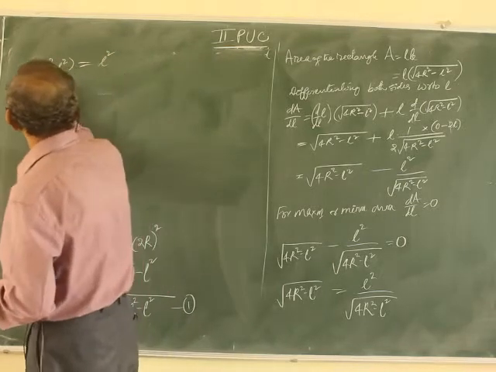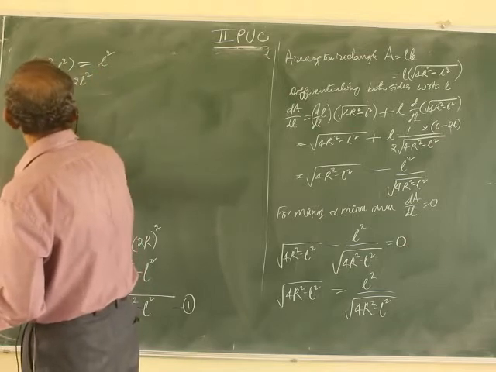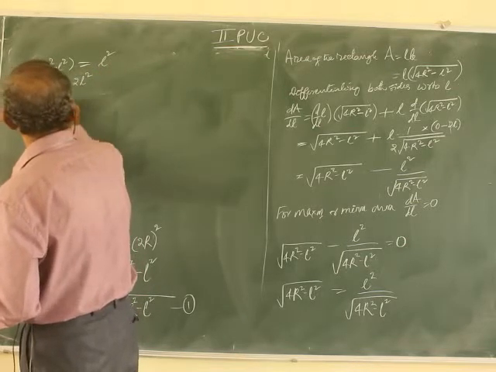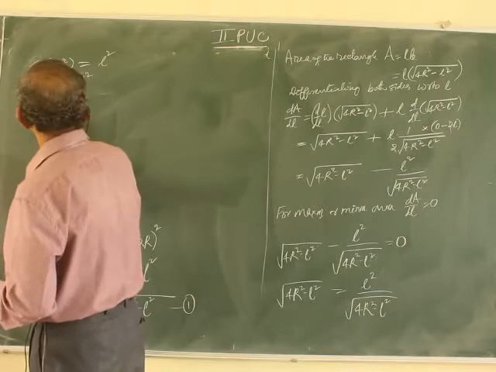Or 4R square equal to 2L square. Or L square equal to 2R square. L equal to root 2 R.